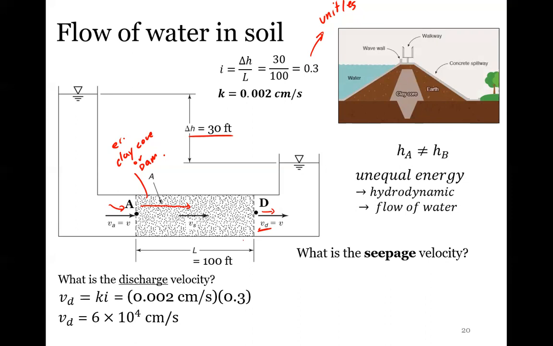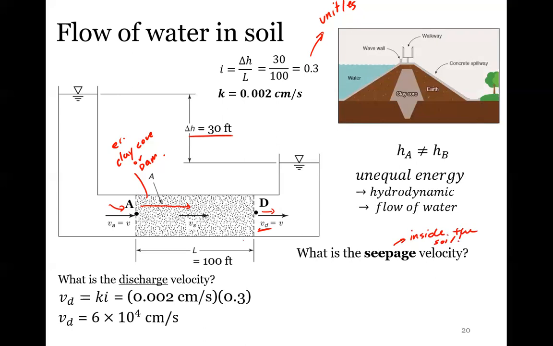We sometimes want it to slow down through the water column so that all of these biological processes can occur. So the discharge velocity is not used to calculate that movement of water through the pore space. The seepage velocity is. Seepage velocity is the rate at which water is moving inside the soil.